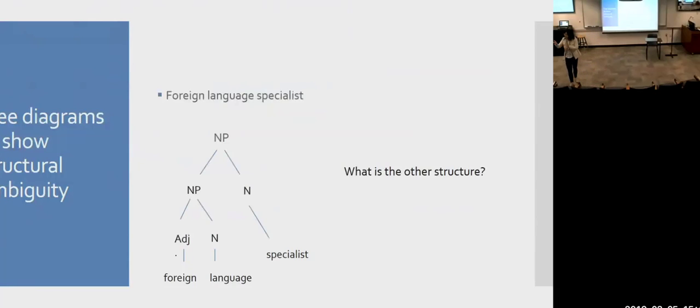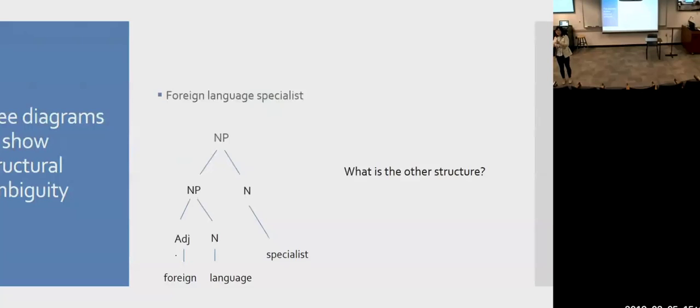Can you interpret the meaning if I say foreign [language specialist]? It means that the language specialist is foreign. That's right. But if I have [foreign language] specialist, then that's a specialist in foreign language. Exactly, the foreign modifies language, right?